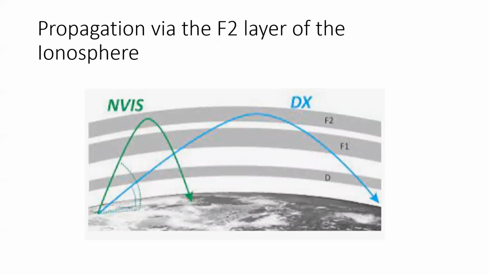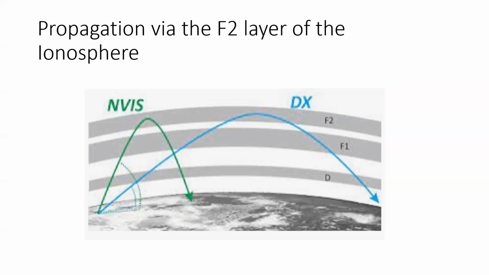All right, well, HF communications for distance depends on the layers of the ionosphere, and for distant communications, primarily the F2 layer. And you see a long arc there of a signal starting on the left and refracting off the F2 layer of the ionosphere.